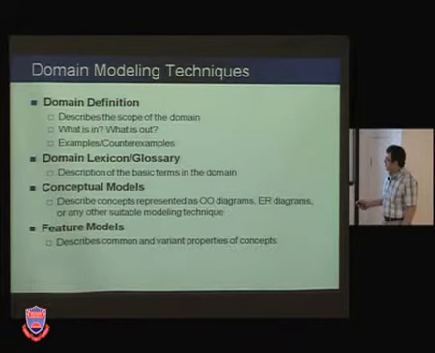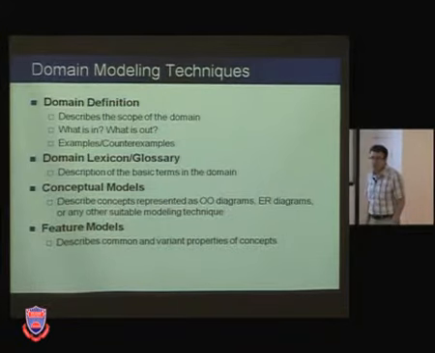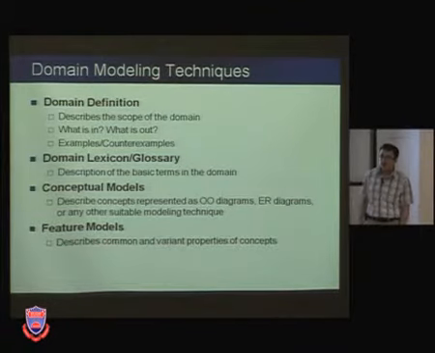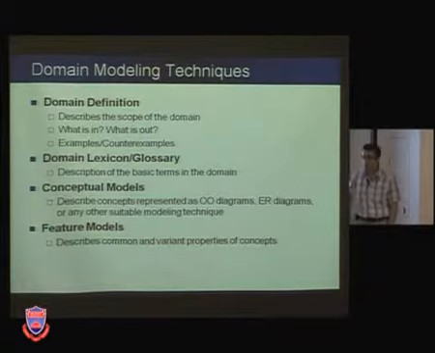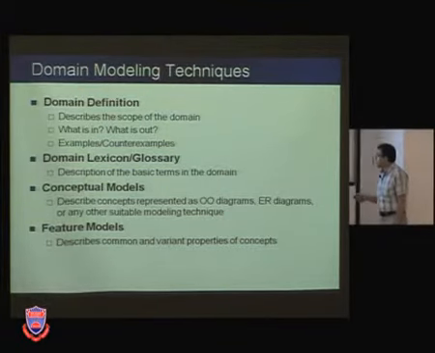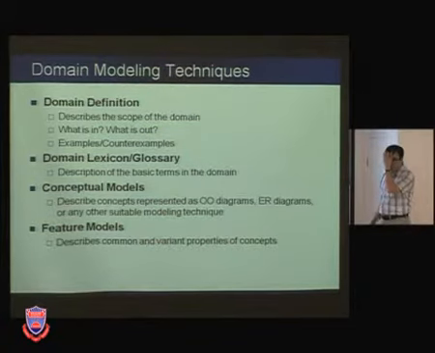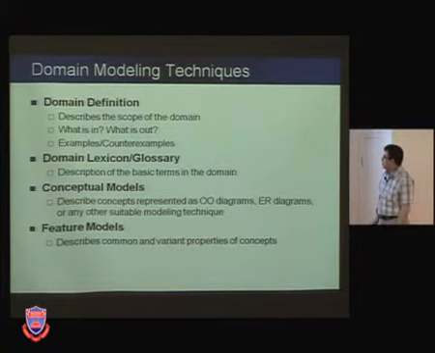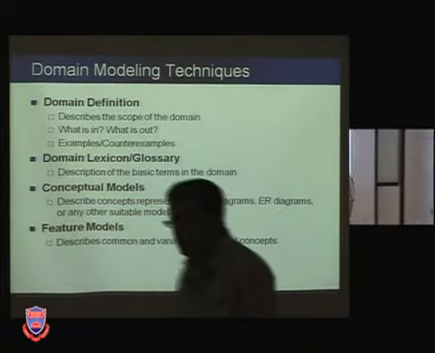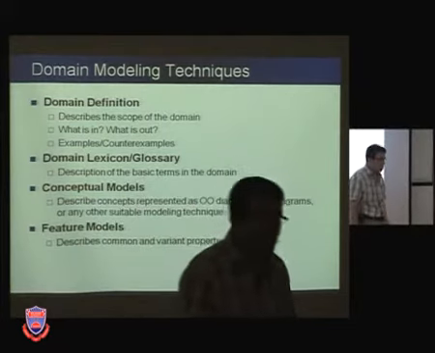Domain lexicon provides a description of the basic terms, just like a dictionary, a lexicon, a glossary. You define the glossary. Conceptual models describe concepts, so you define the concepts, for example, as object-oriented diagrams, ER diagrams, or any suitable modeling technique to represent the concepts and the relations among these concepts.